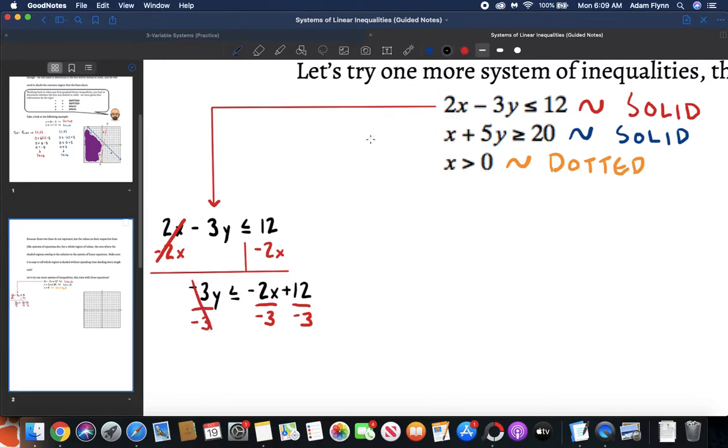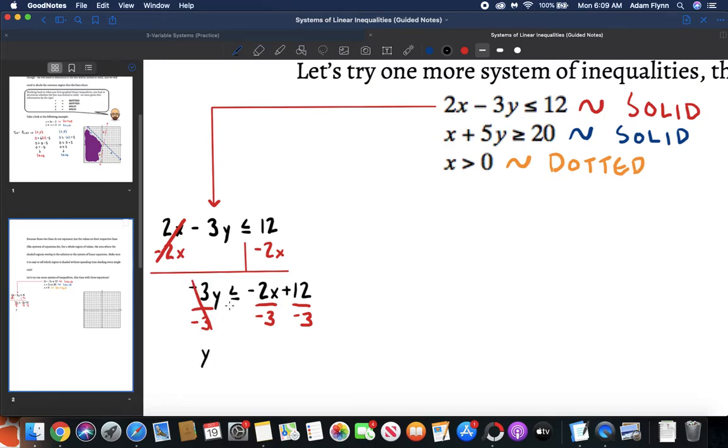Now, here's where some mistakes start to happen. Okay? So, as you might also remember with linear inequalities, whenever you multiply or divide by a negative number, you need to flip your sign. Okay? So, I just isolated my y.